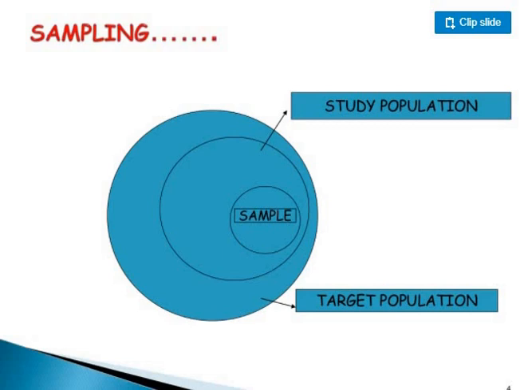If we are conducting research and select our country, India, from the whole world, that is the target population. From the target population, if we are studying Kerala, that is the study population. And from Kerala, if we select representatives from different districts, that is the sample. So I think now it is clear.